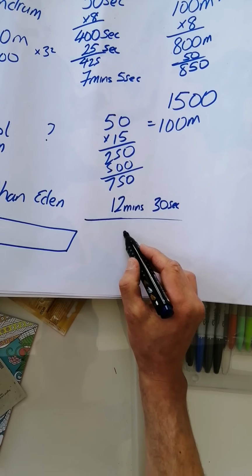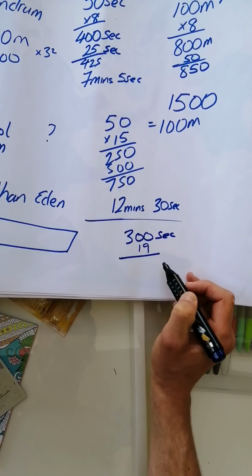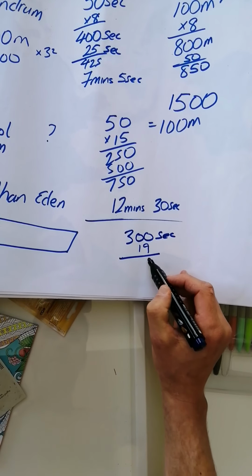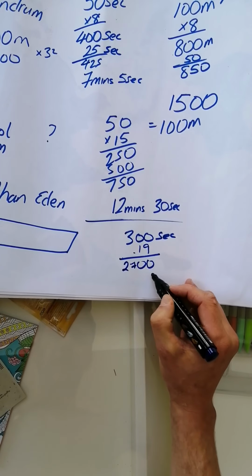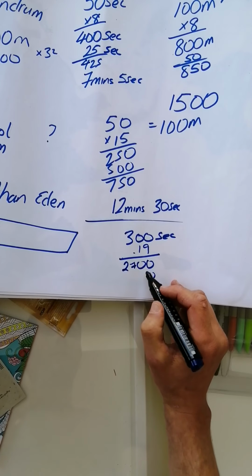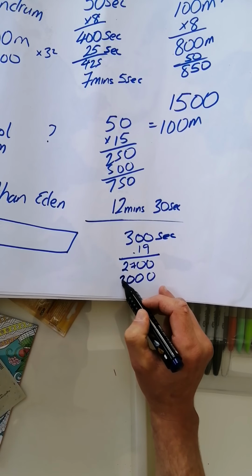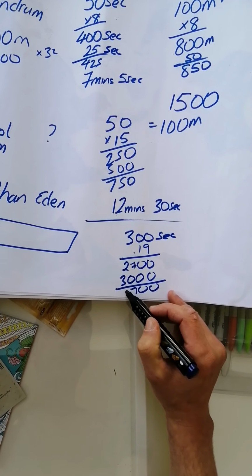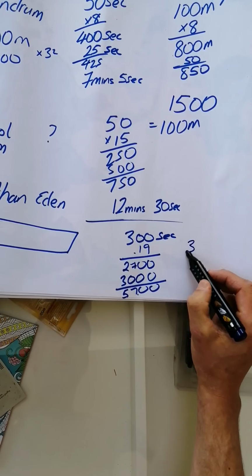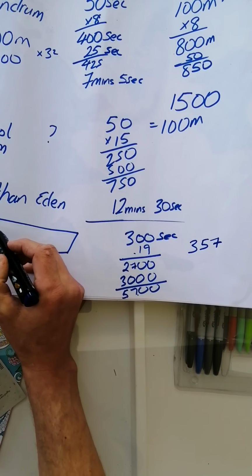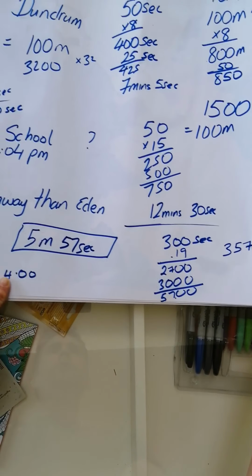So if I turn that into 300 seconds, 19% of that is 57. It's important not to make mistakes on camera, then you have to start all over again, and it's embarrassing. So 57 extra seconds. So 357 seconds, which is also 5 minutes, 57 seconds. That is a tricky little question.